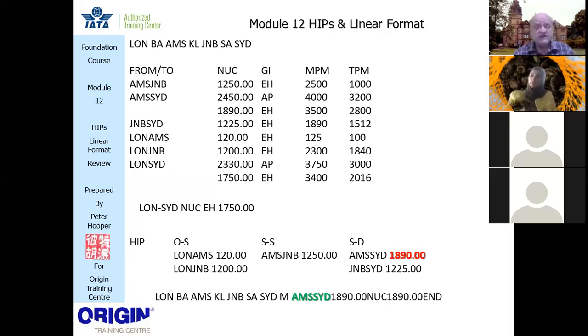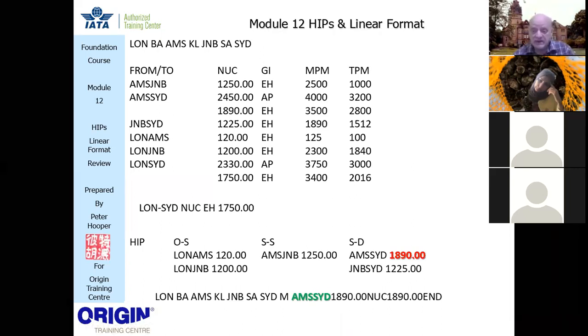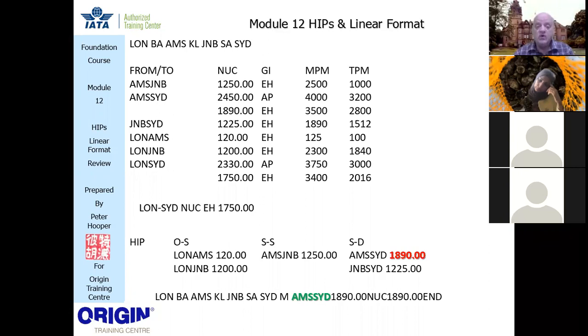Now we've got to check if there's any higher fares anywhere. Do you think the fare London to Amsterdam could cost more than London to Sydney? No. London to Johannesburg, I'm not sure. Maybe. There is a rule: when in doubt, check it out.